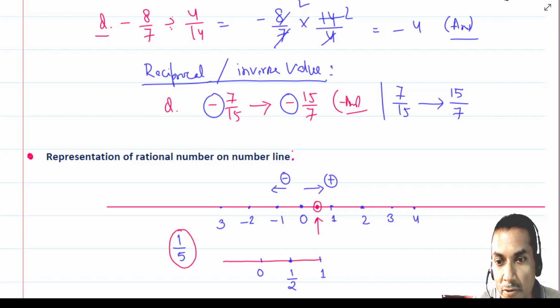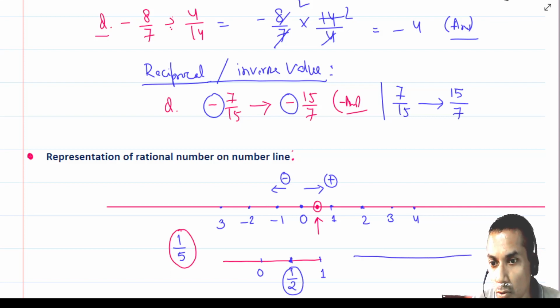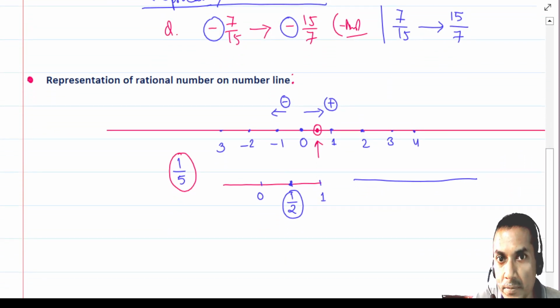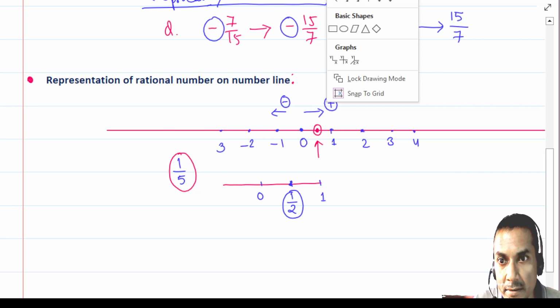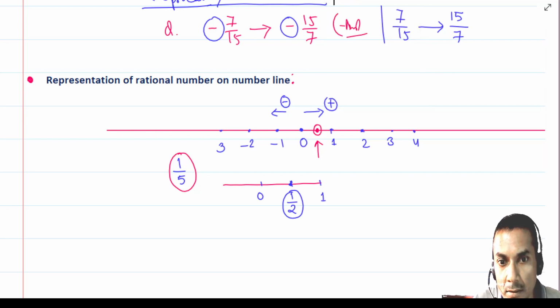What will be the 1/5? So to draw 1/5, first you have to draw one straight line.